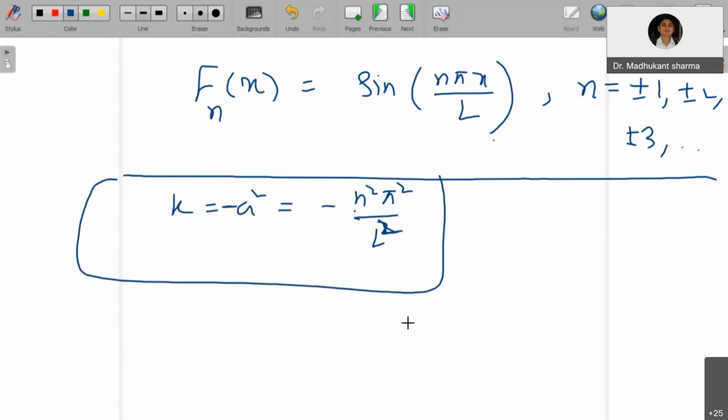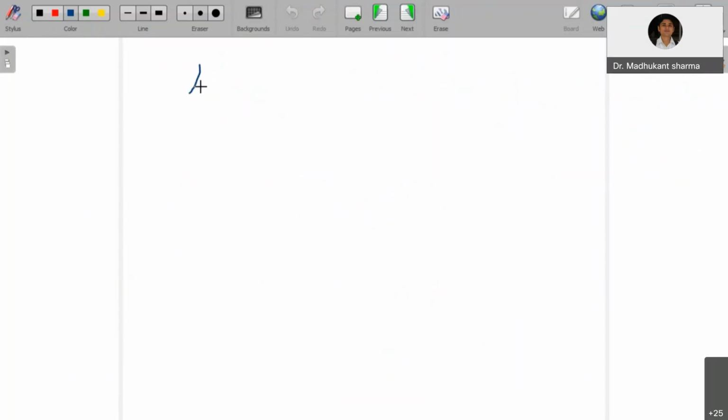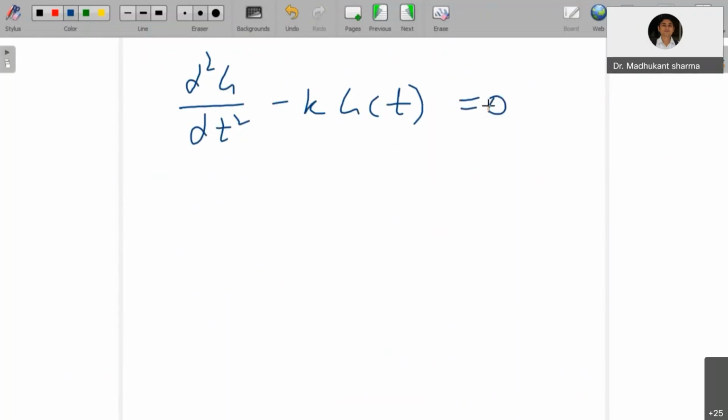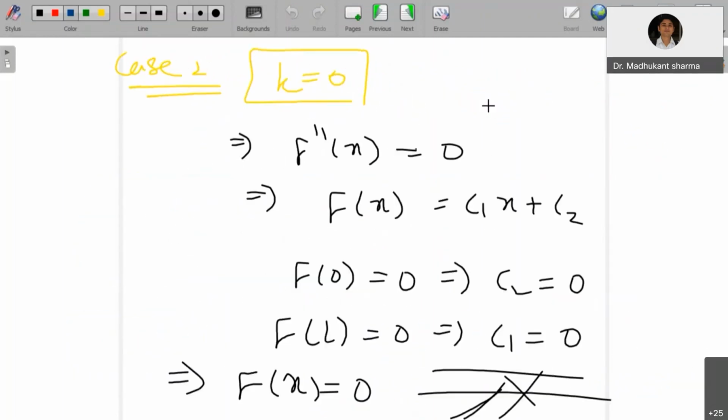Now the second equation is d square g by dt square minus c square k times g of t equals 0. That was the equation.